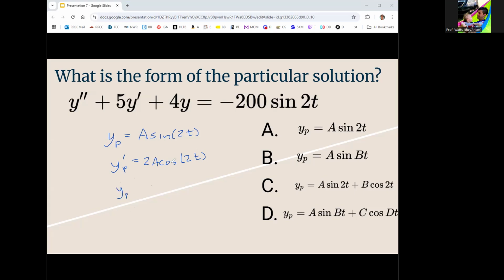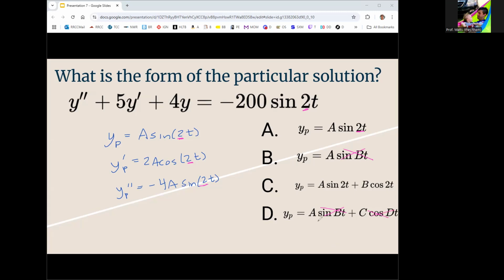For the second derivative, the derivative of cosine is negative sine. We're going to get another 2 to give us negative 4A back to sine. You'll notice that the 2 in the argument doesn't change, and therefore, when you see that number in there, you can use that in your particular solution. There's no need for an undetermined coefficient in the argument.